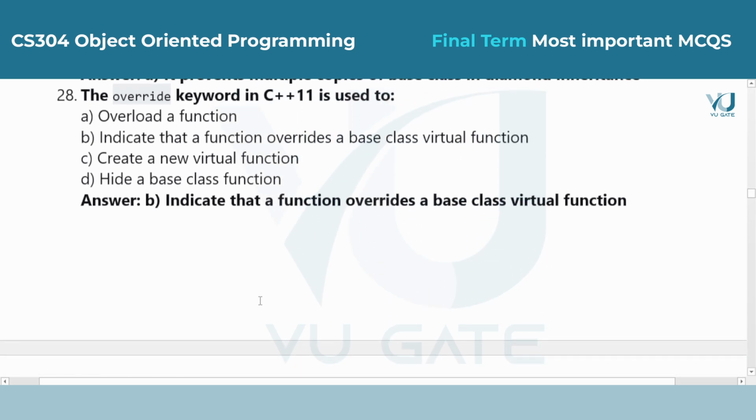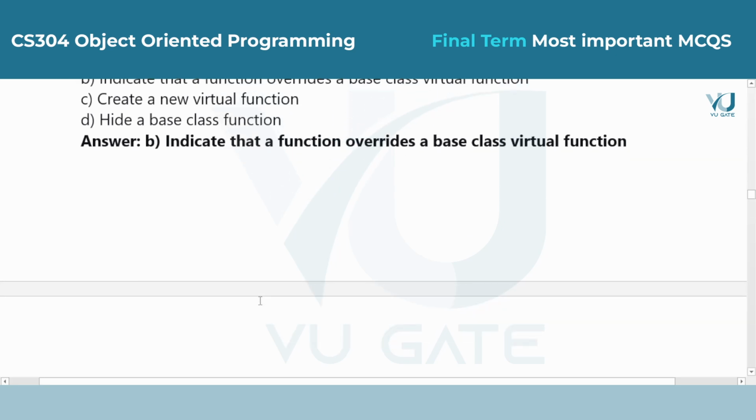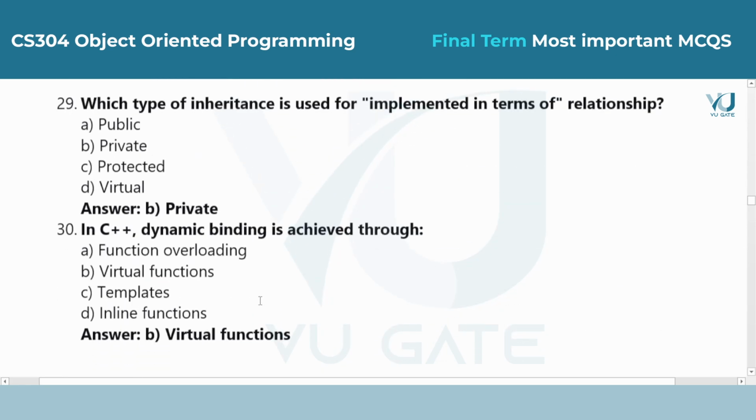Q28. The override keyword in C++11 is used to. Answer: B. Indicate that a function overrides a base class virtual function. Explanation: This keyword acts as a safeguard. It tells the compiler to check if the function actually exists in the base class. If not, the compiler will trigger an error. Q29. Which type of inheritance is used for implemented-in-terms-of relationship? Answer: B. Private.